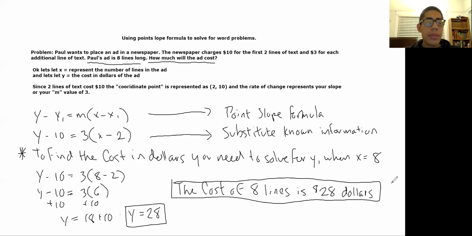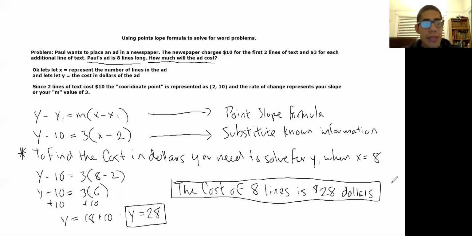In thinking about this, Paul could use the same equation to figure out, if he wanted to add more lines, how much it would cost. Any number of lines would, in theory, change the price, and we could figure out the price change. For here, they just tell us he wants an ad that's 8 lines long. So how much is that going to cost? Right? Okay. Now the last thing.